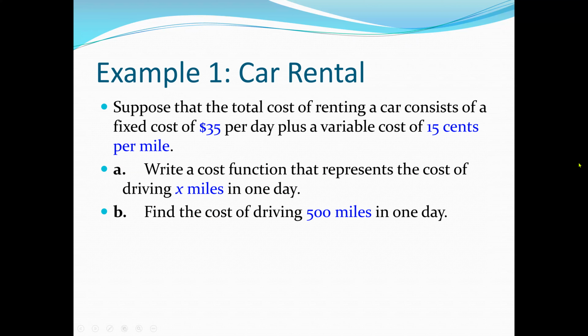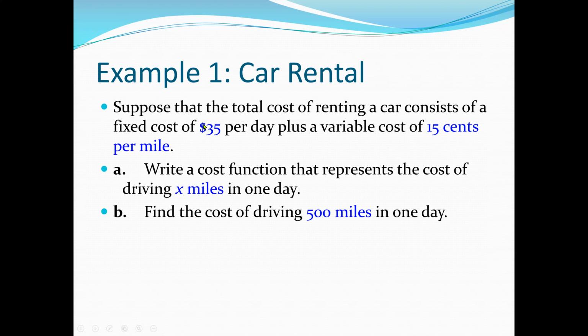That's why it's called a variable cost. The cost varies, so the more miles I drive, the more money I'll pay. So 15 cents per mile is a variable cost, which means if I drive for only 1 mile, I'll pay only 15 cents. If I drive for 2 miles, I'll pay 30 cents. But the fixed cost doesn't change.